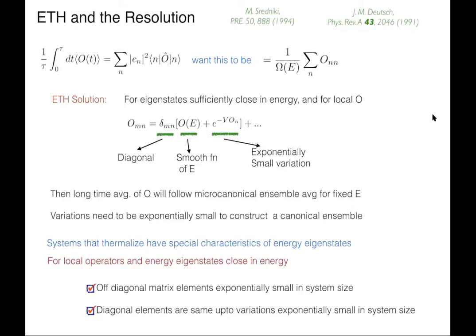If you have this, then you do not need to wait for exponentially large times. You will get the microcanonical ensemble as soon as you average over reasonably large timescales. That's what is called the ETH, and that's how you resolve the problem with the ergodic hypothesis.